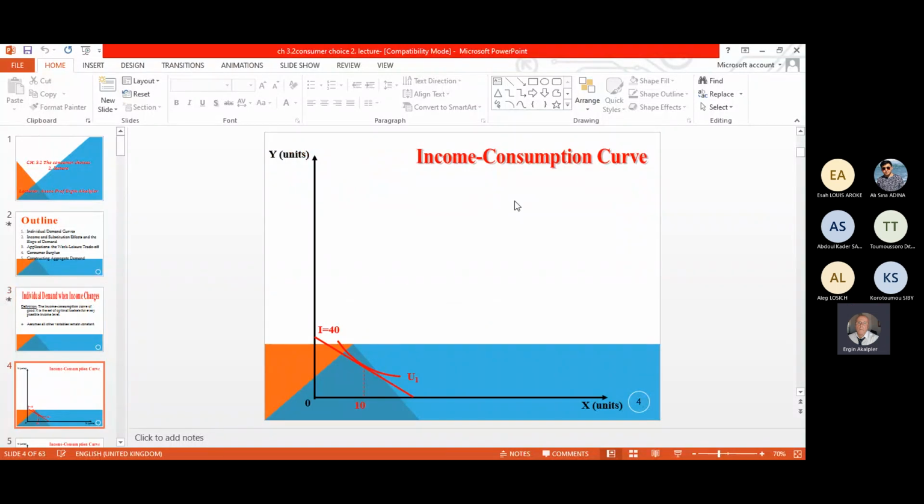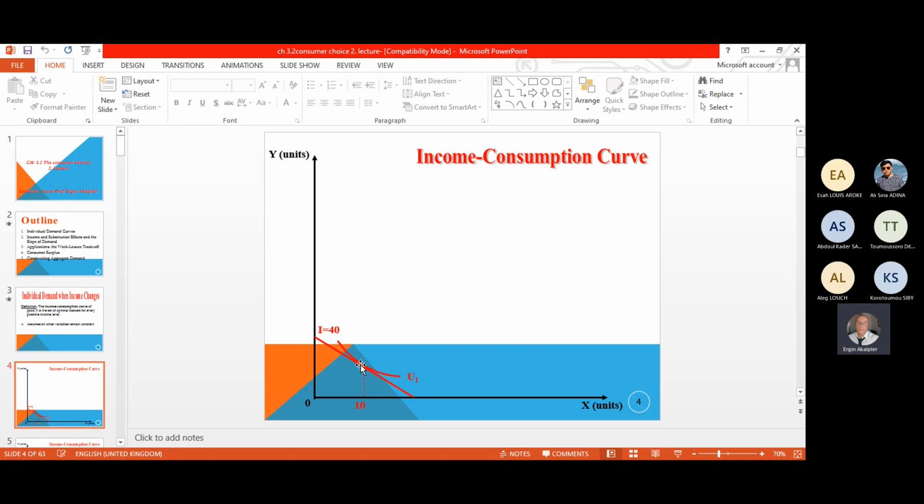As you see here, the income consumption curve is given. The right triangle gives us information about the consumption curve, where it intersects the indifference curve. The U is the indifference curve, the utility curve, so called.